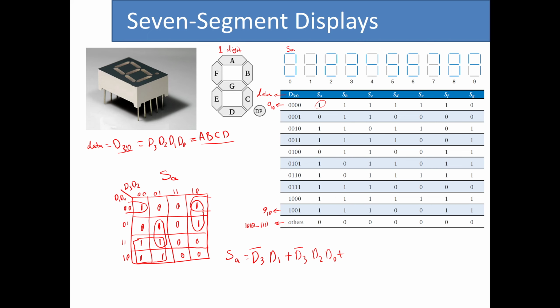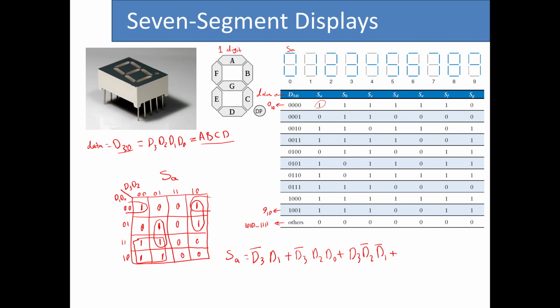What about this one? The value for D3 is always 1, so I have D3. The value for D2 is always 0, so I have D2 bar. The value for D1 is always 0, so I have D1 bar. And the value for D0 is both 0 and 1, so I don't have to include it.